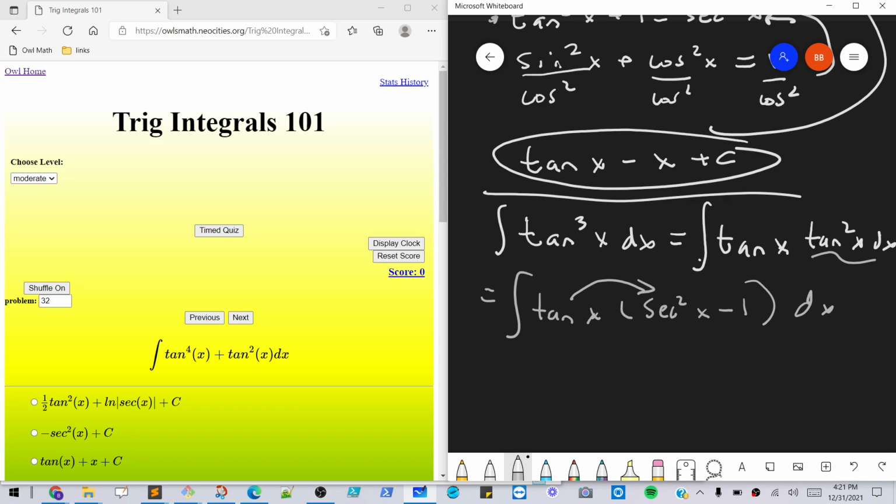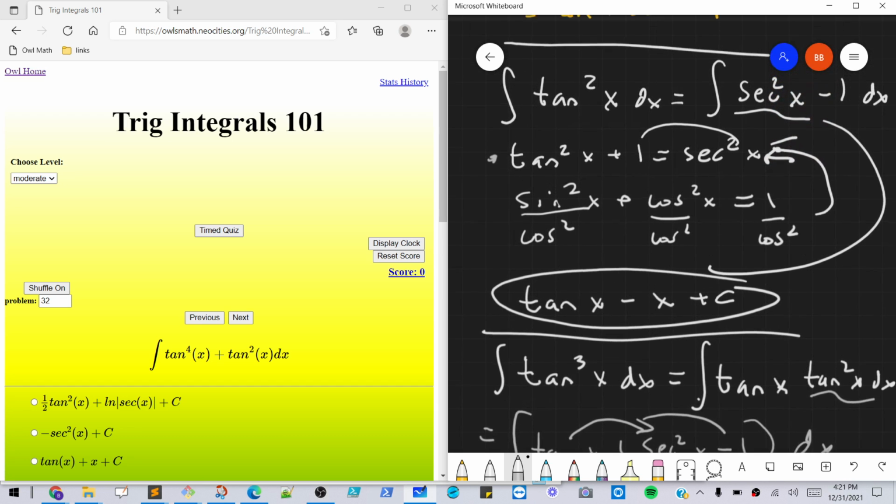We'll just distribute this, and we'll have tan x secant squared x minus tan x. Here's where you start seeing where I've needed to build up, because we already know this integral since we just did it up here.